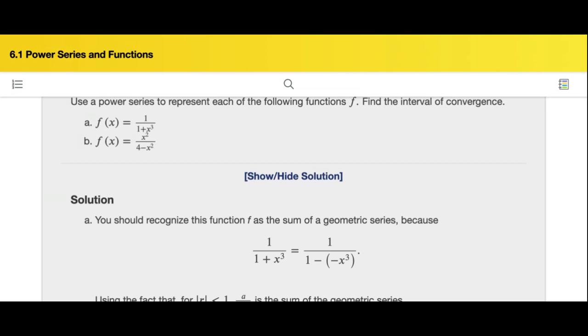Right. If we want, we can write out a couple of terms. So we write x squared over 4 minus x squared equals, well, the first term is x squared divided by 4, and the second term is x to the 4 over 16, right? So on and so forth. Just write out 2 terms.